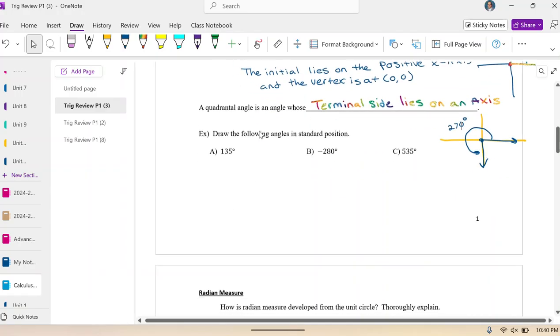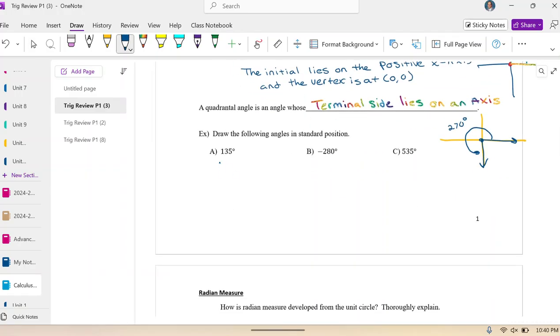So drawing the following angles in standard position, and remember, key thing is the quadrants. This is the first quadrant, second quadrant, third quadrant, and fourth quadrant. So if we start here at the x-axis, 135 degrees is going to go past the first quadrant into the second.